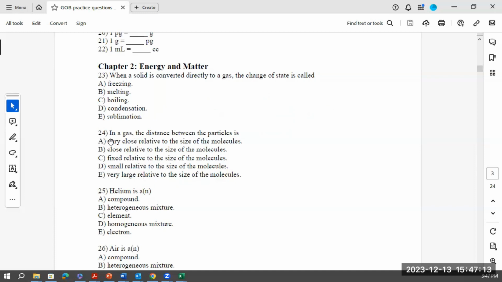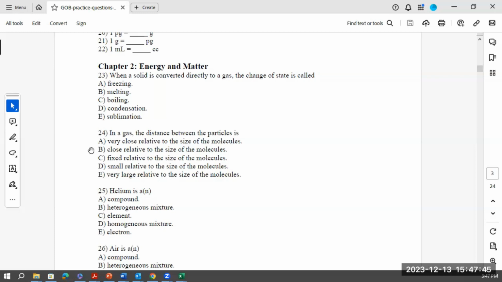Okay, number 24. In a gas, the distance between the particles is A, very close relative to the size of the molecules, close relative to the size of the molecules, fixed relative to the size of the molecule, small relative to the size of the molecules, very large relative to the size of the molecule.